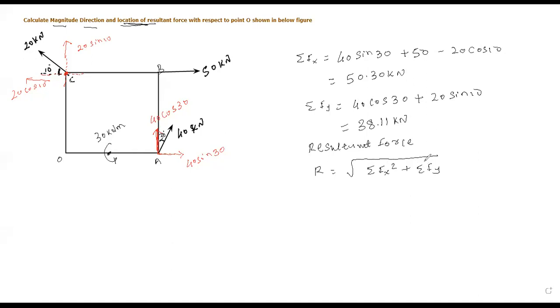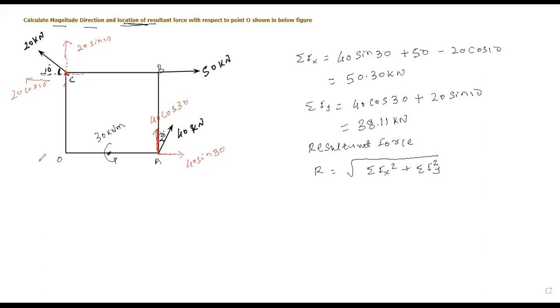Now please give me the value of R: 50.30 squared plus 38.11 squared, and take its square root.